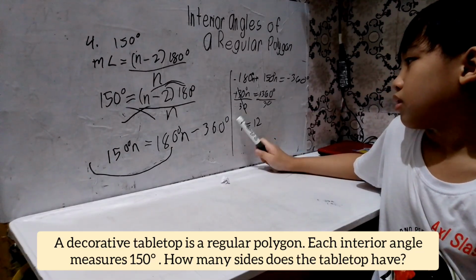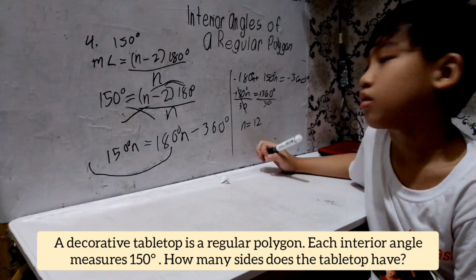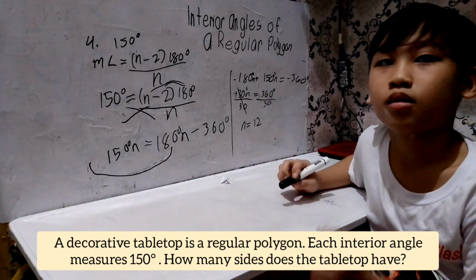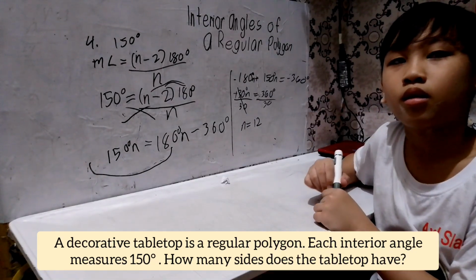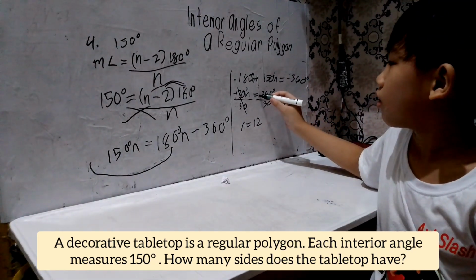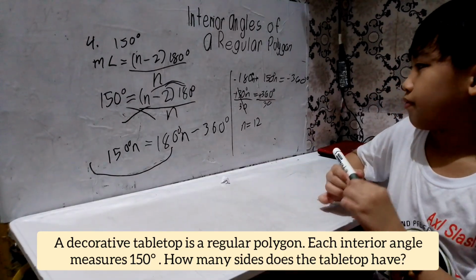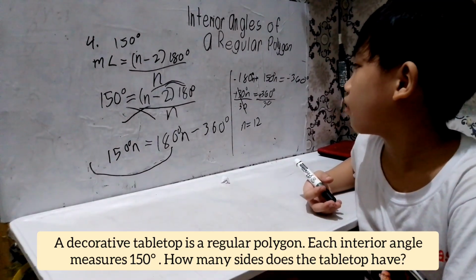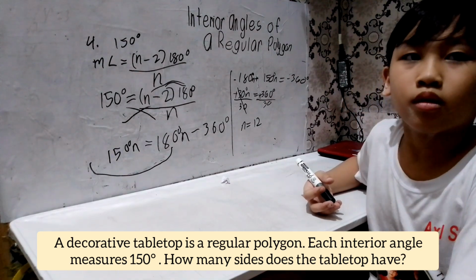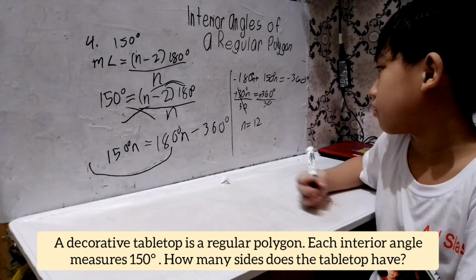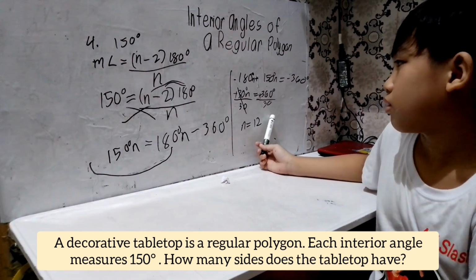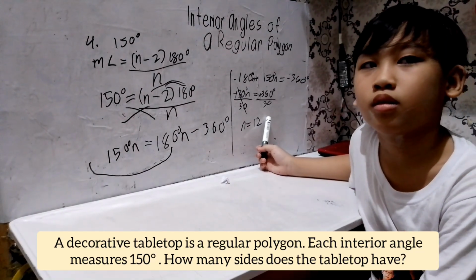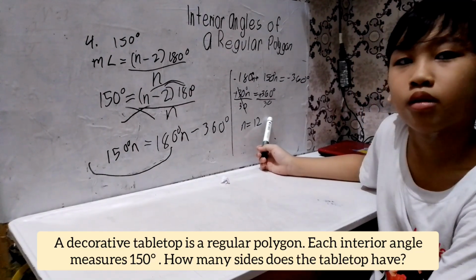So divide both sides. Do not change the sign first. You have to show everyone that you need to divide by negative 30 on both sides. Dividing numbers with the same sign will give you a positive. So negative 30 degrees n equals negative 360 degrees divided by negative 30 degrees on both sides.